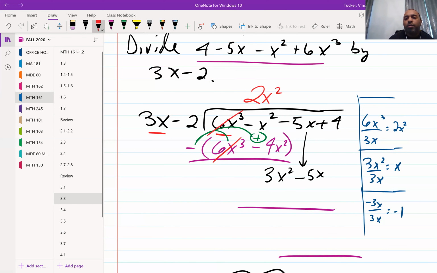Then you say, what times 3x will give me 3x squared? And you see right here, that's just x. All right, multiply that to both terms out here. So that would be 3x squared minus 2x.